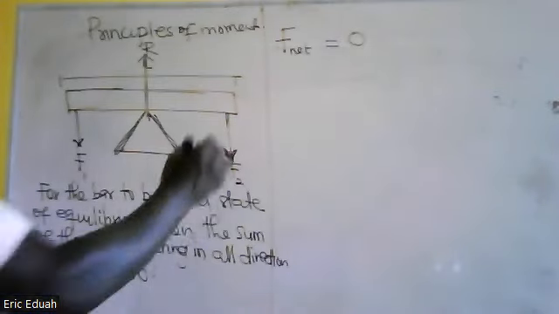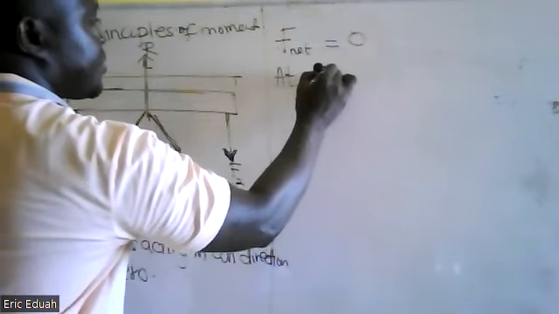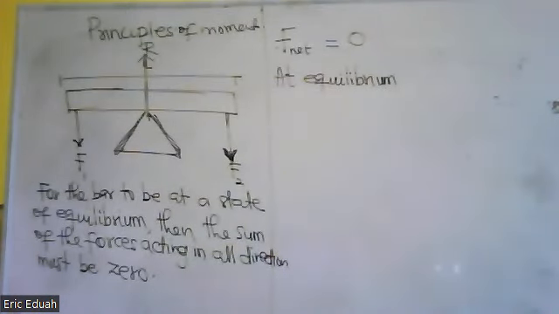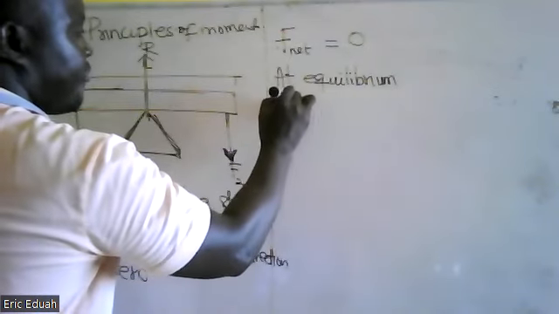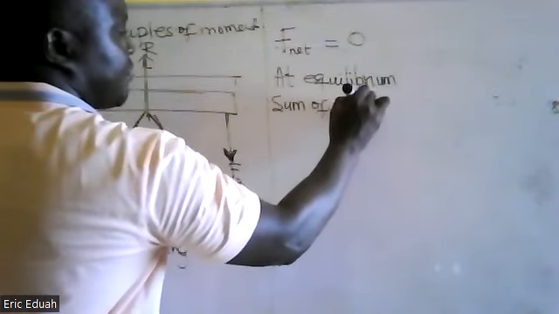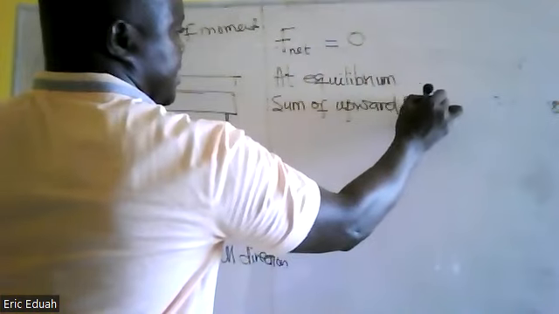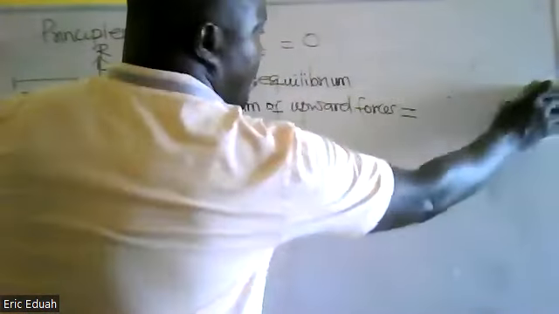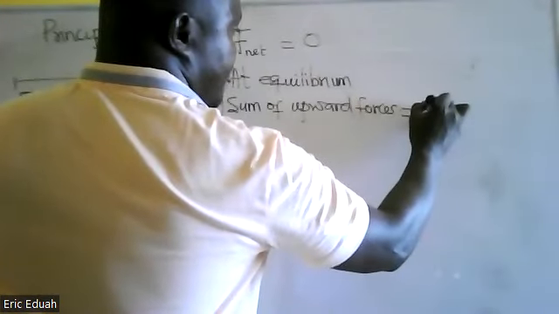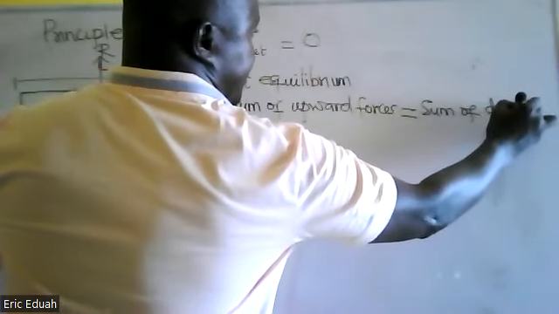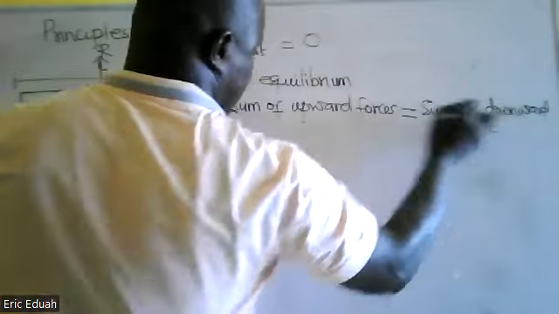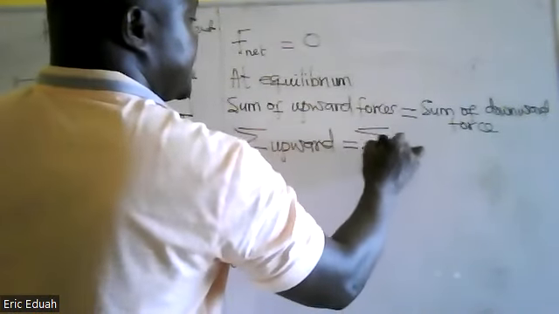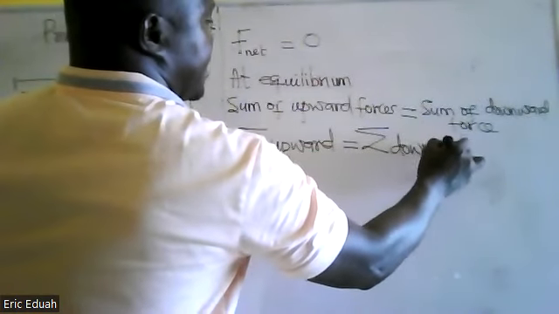So all that we are saying is that at equilibrium, or for a position of rest to be attained, the sum of upward forces must be equal to the sum of downward forces, or summation upward must be equal to summation downward.